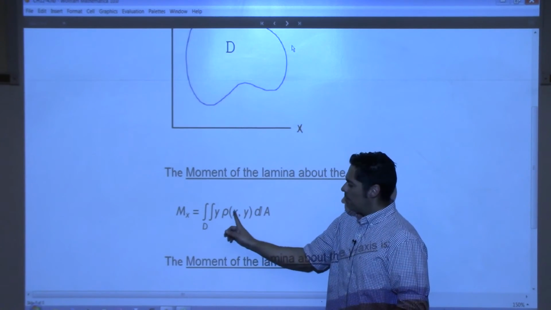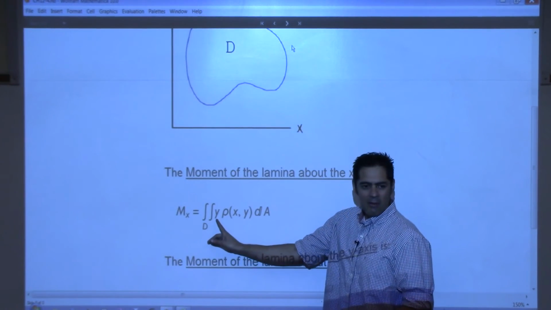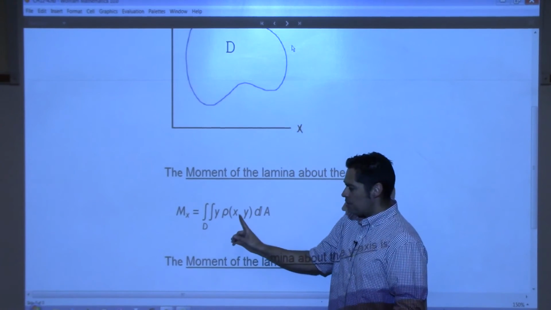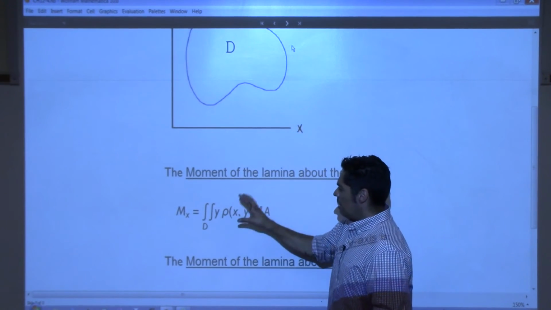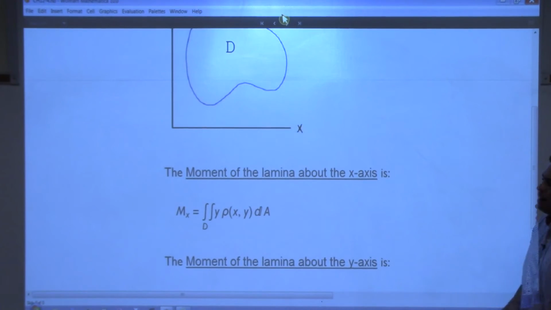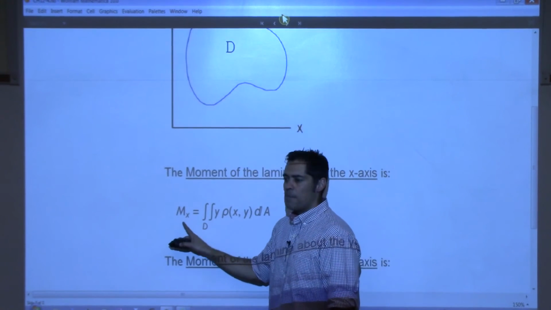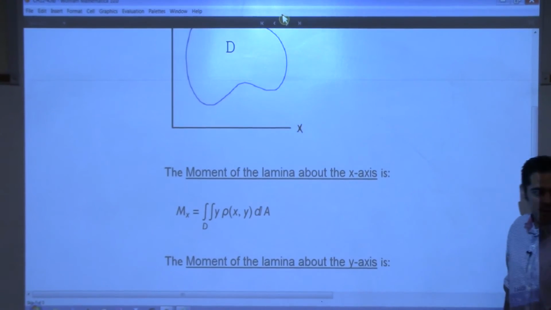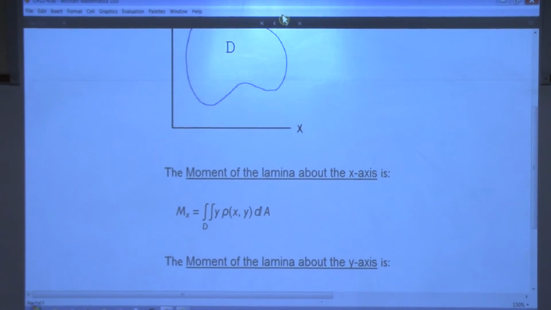You see it? But we've added one thing to it. You see the y right there? y times the density function. If we compute this, it's called the moment of the lamina about the x-axis. And we use capital M subscript x to represent the moment of that lamina about the x-axis.